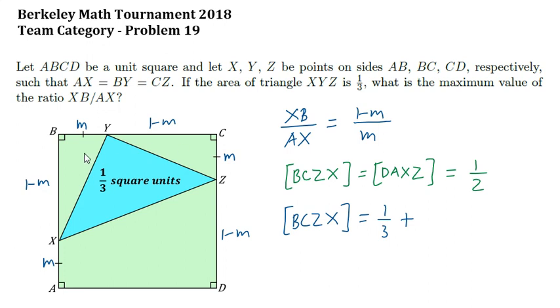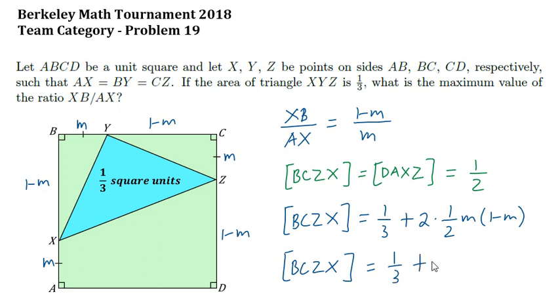But take note that these green triangles have the same areas, right? Because they have the same base and altitude or height. So I can just have 2 times 1/2 times M times 1 minus M. Okay, so if you simplify this, we get BCZX equals 1/3 plus M minus M squared.